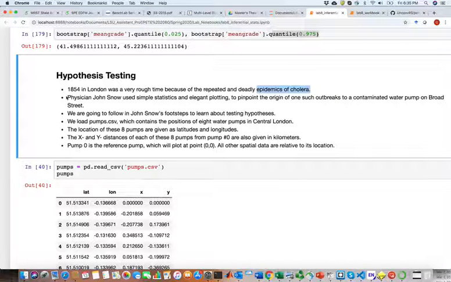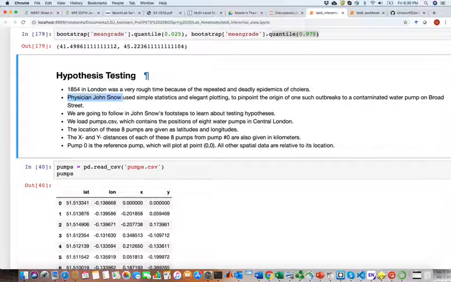And a physician by the name of John Snow used statistics and some elegant plotting to figure out the origin of the cholera. And I believe this probably led to the solution of the problem they were facing back then.